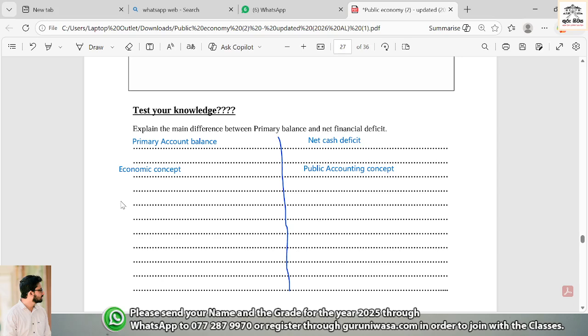The other difference: when calculating primary account balance, only the interest payment is deducted.